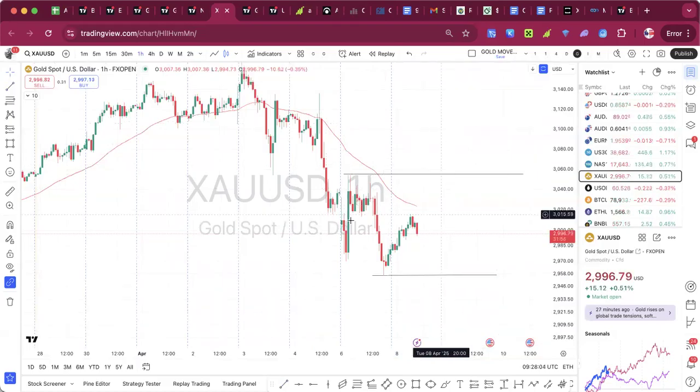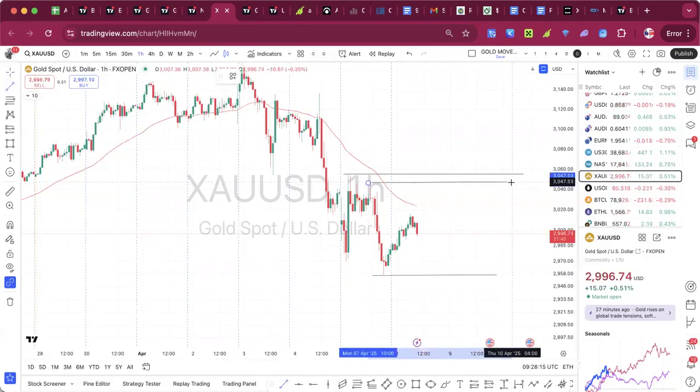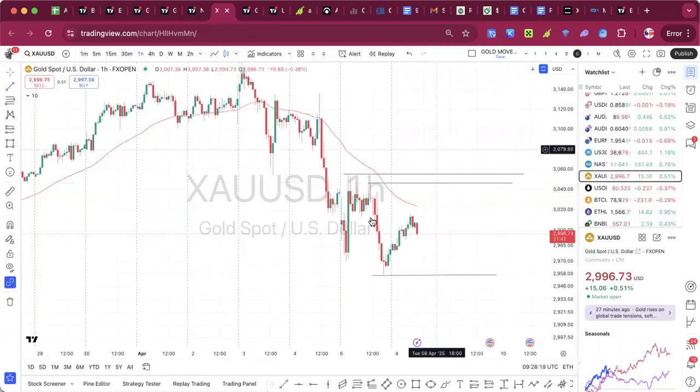Now you have this obvious high, then there's another high here. So you're going to mark it. All this area you're marking is a liquidity area. Now we have another pivot point here.